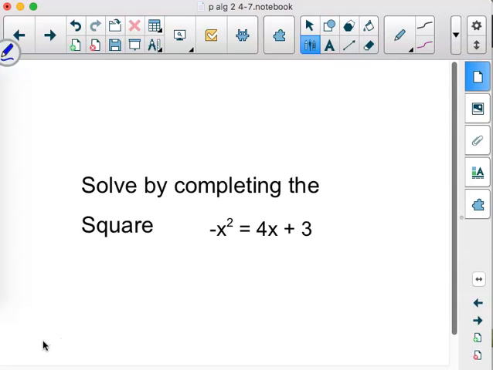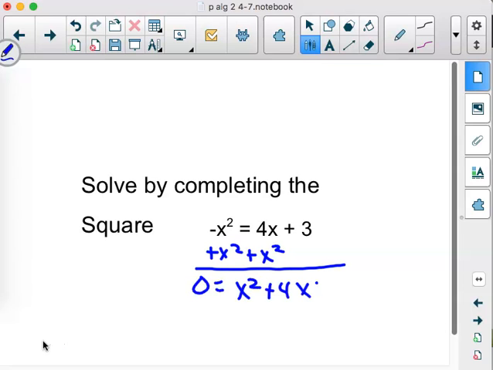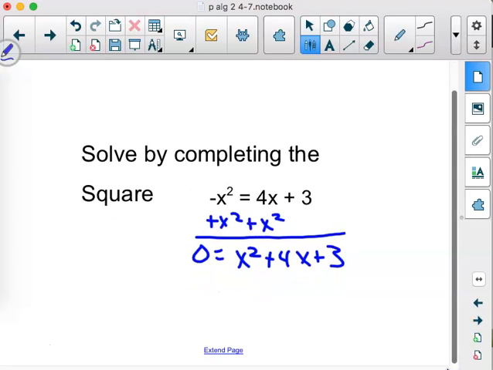So the first thing we would do is we would move the negative x squared over by adding it. And then we would realize positive 3 back there, that's not a perfect square. That's not going to help us with completing the square. So we'll move it over by subtracting it.